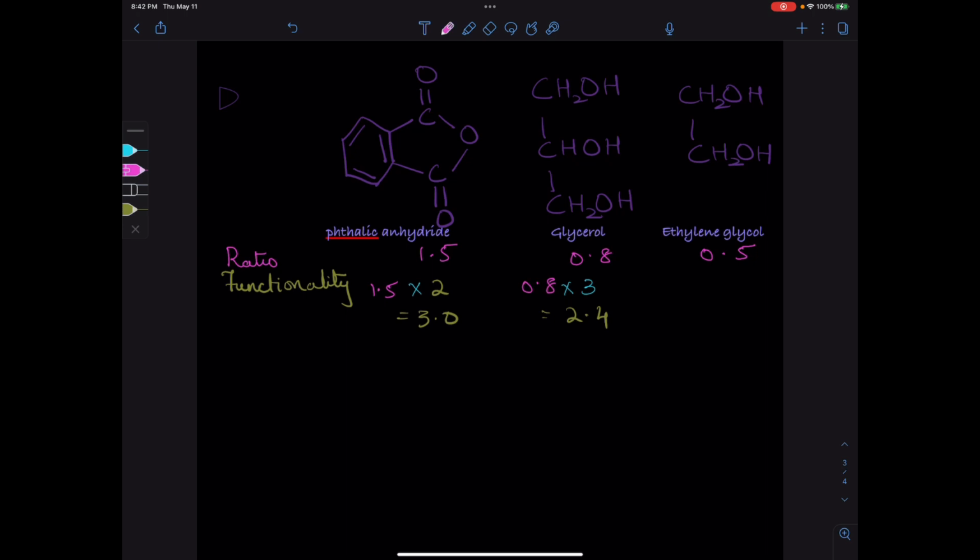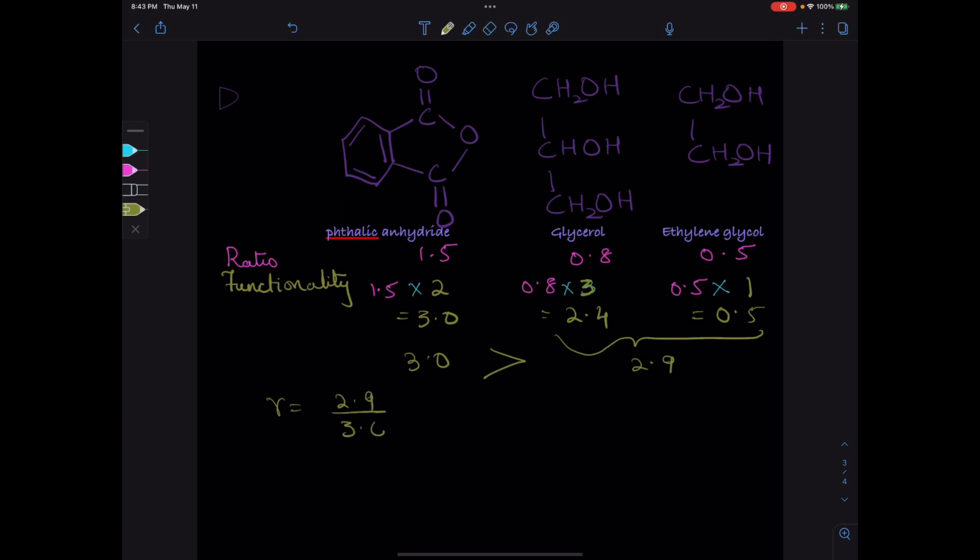And for ethylene glycol, 0.5 times 1, which is 0.5. So the total hydroxy functionality is 2.4 plus 0.5, which is 2.9, and the carboxyl functionality is 3.0. So we have carboxyl functionality in excess, and that would be in the denominator for finding the feed ratio. So the feed ratio would be 2.9 over 3.0.